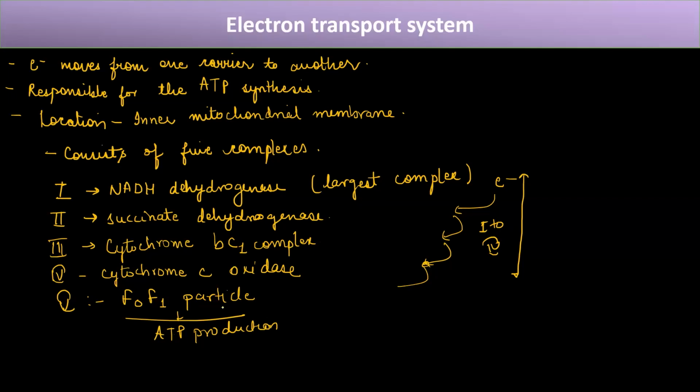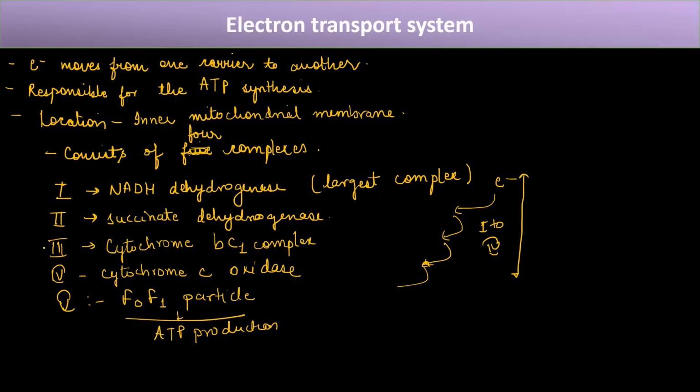So if you talk about just the electron transport system, instead of 5 you can write 4. If we talk about oxidative phosphorylation, we can say 5 complexes are involved, from electron transport till ATP production. But if we talk just about the electron transport system, meaning the electron transfer, there will be only first to fourth. So 4 complexes are involved in electron transport, not the F0F1 particle.